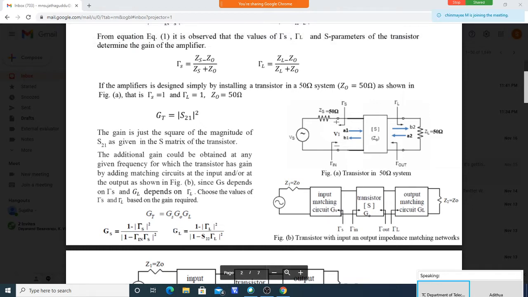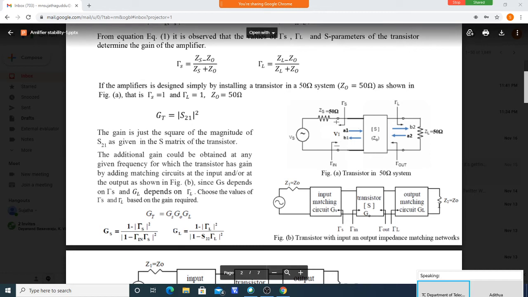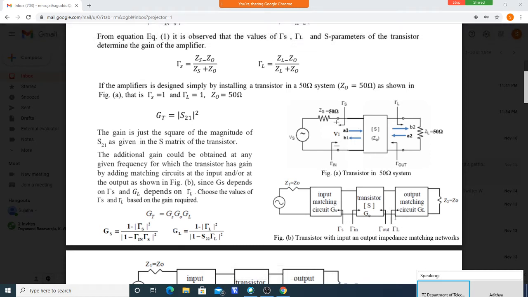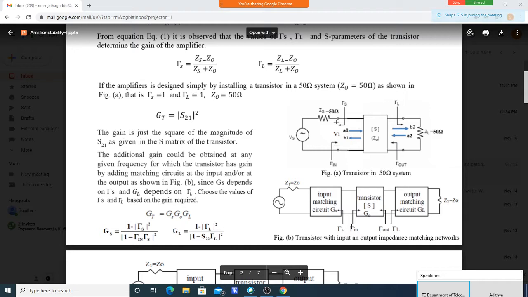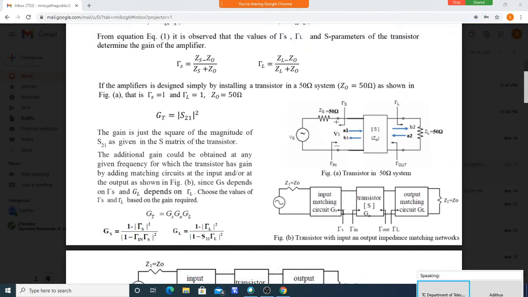How do we get 2 dB gain from here? We have to choose a proper value of input impedance looking in this direction. To get 1 dB here, we set a proper value of ZL. As we discussed in the previous class, to get a 2 dB gain, the values of ZS lie over a circle, the constant gain circle.